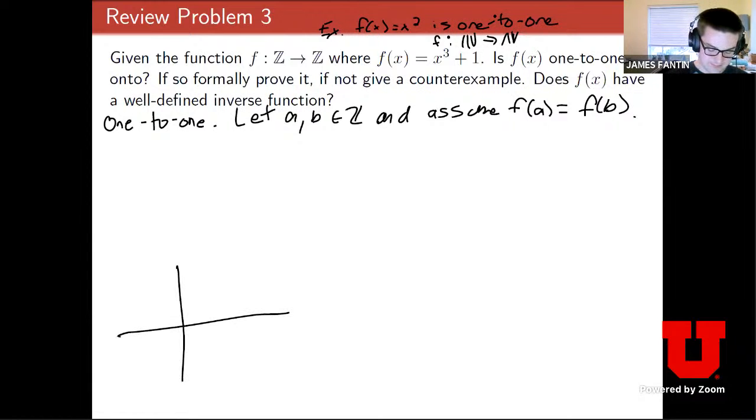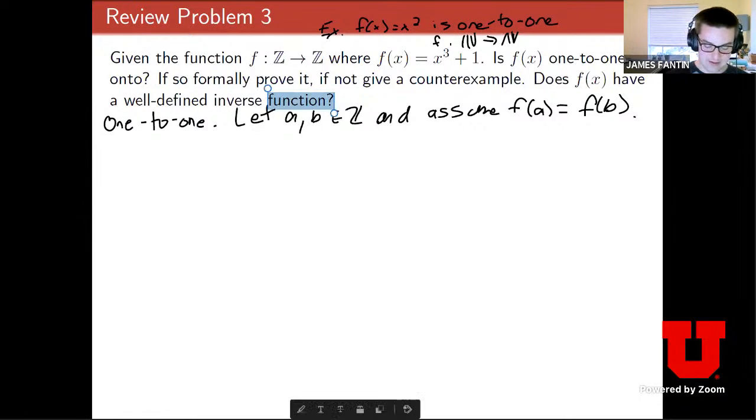Because x squared generally looks like this, and you'd say, oh, that's not one-to-one, it doesn't pass the horizontal line test. But if we restrict the domain and codomain to this portion of the graph and ignore this portion, then it is a one-to-one function. So always remember what your domain and codomain are whenever you're proving these.